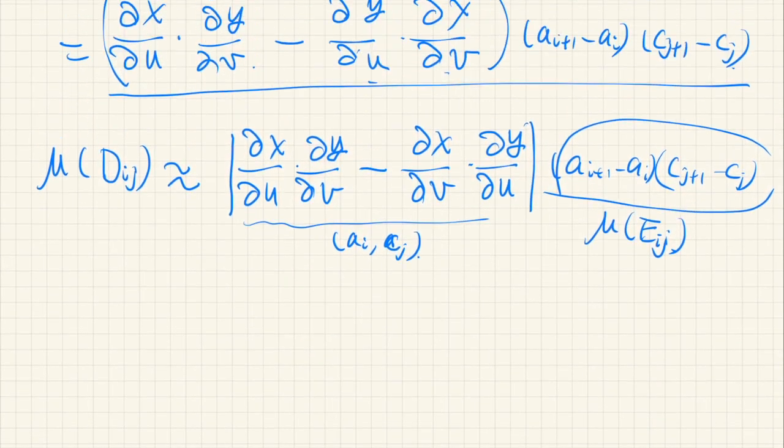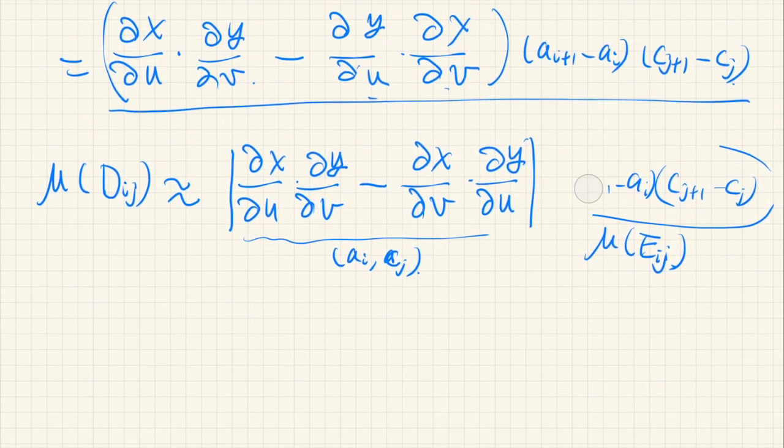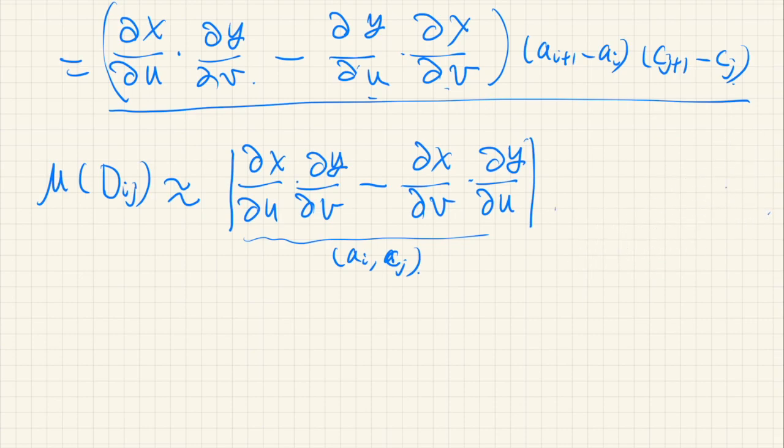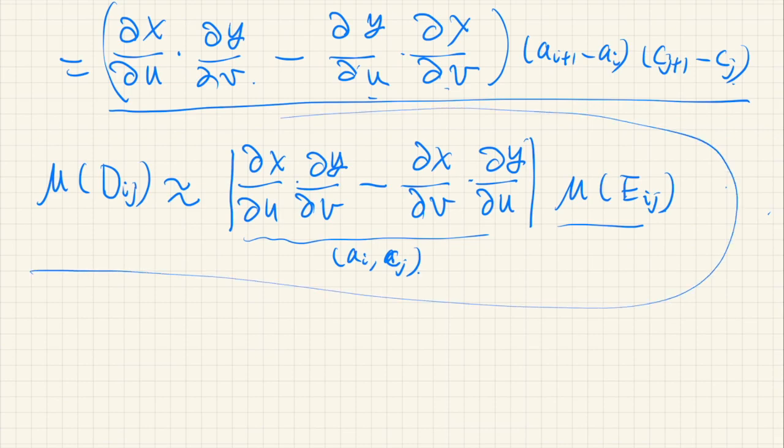So let's replace that. So this is mu of Eij. So the area of Dij and the area of Eij are related by this formula.